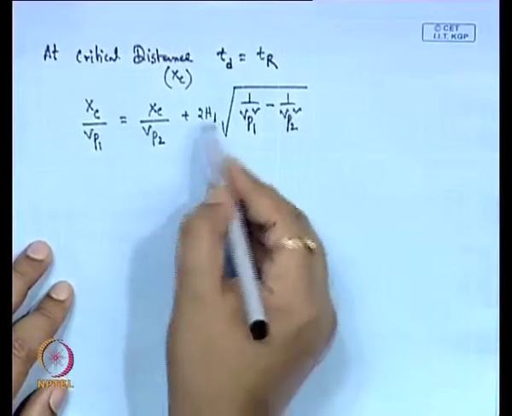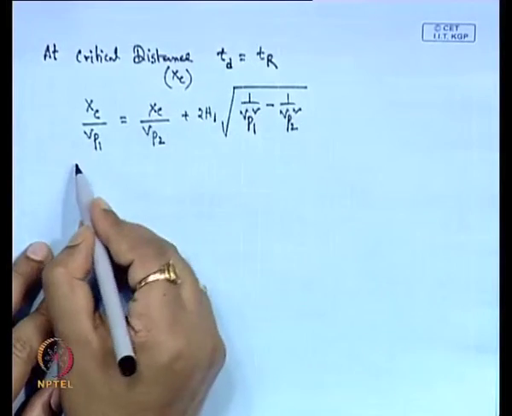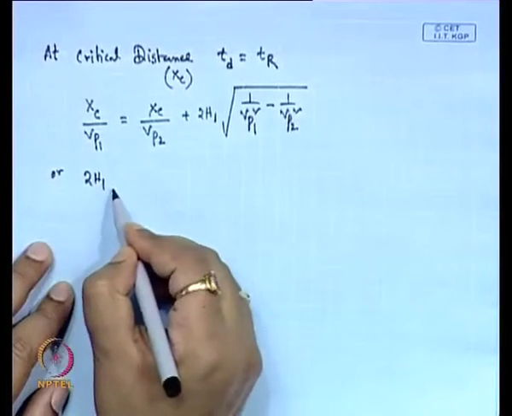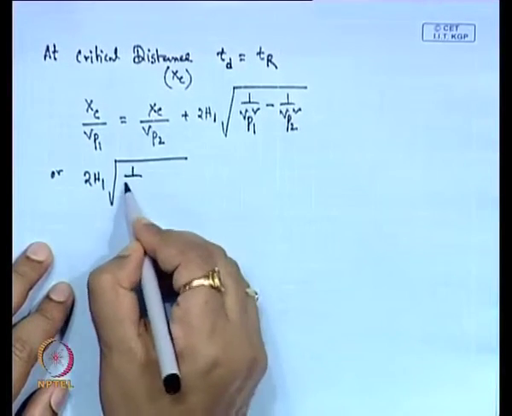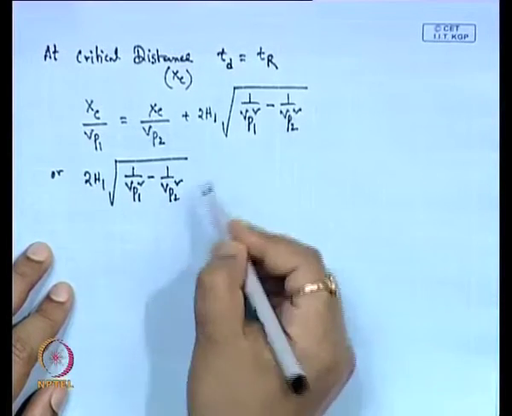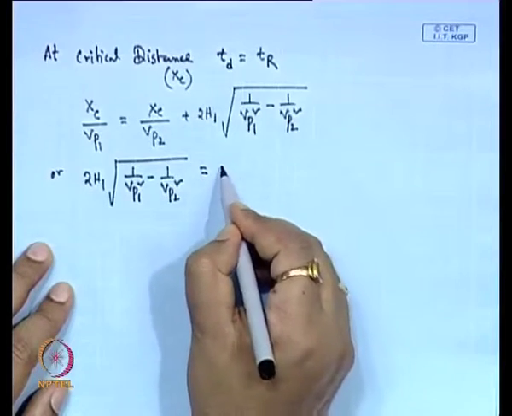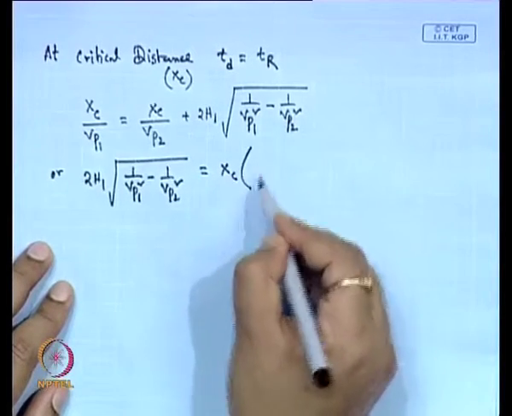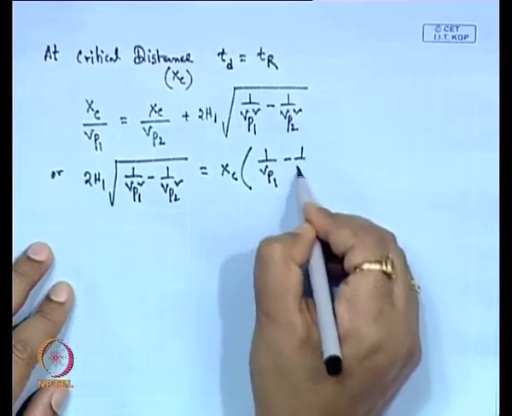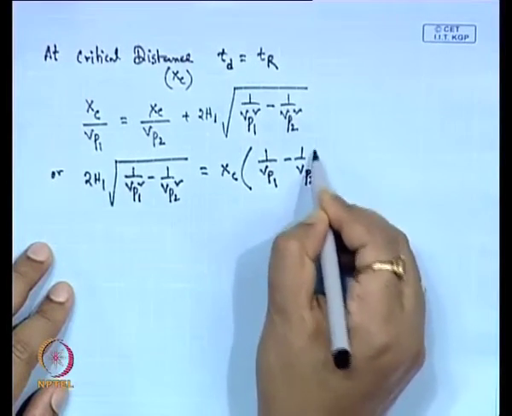So, if we further simplify this expression, we can write 2 h 1 root over 1 by V p 1 square minus 1 by V p 2 square is equal to x c into 1 by V p 1 minus 1 by V p 2.